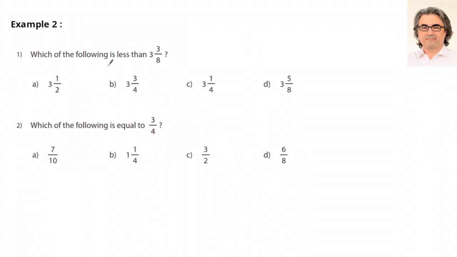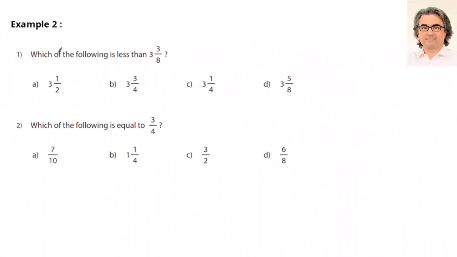Which of the following is less than 3 and 3 over 8? I have 3 as the whole number, and the choices again have 3, 3, 3, 3. All whole parts are equal to each other, so I should compare the fraction parts.